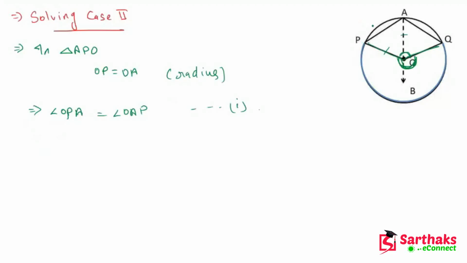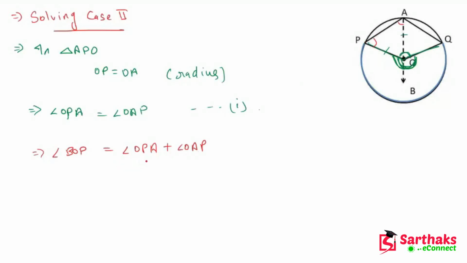And here angle BOP, similarly, this angle is the exterior angle. So we can write angle BOP is equal to angle OPA plus angle OAP, meaning this angle and this angle.